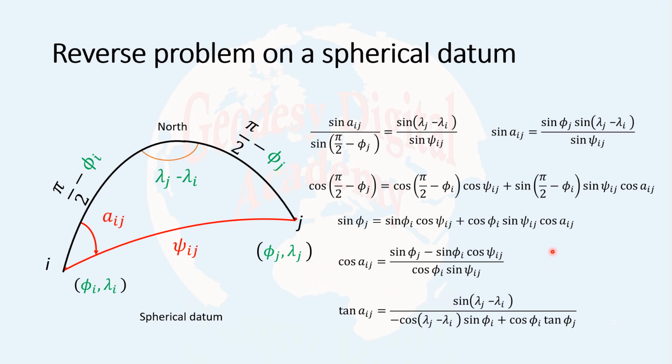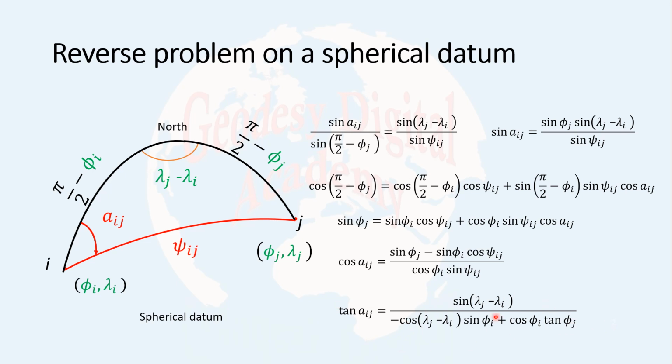But if we want to have a formula free of psi, the geocentric angle, or a formula which is only dependent on the coordinates of the points, that's simple. We should write this equation over this equation and get the tangent. Then I have to simplify the result until we come to this formula.